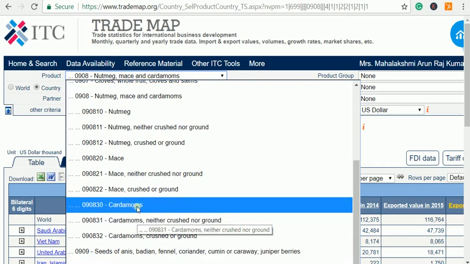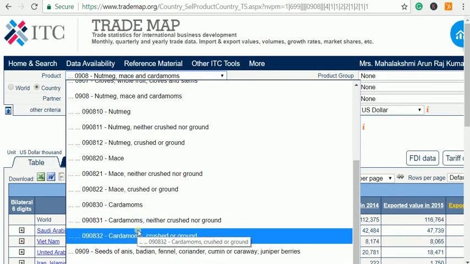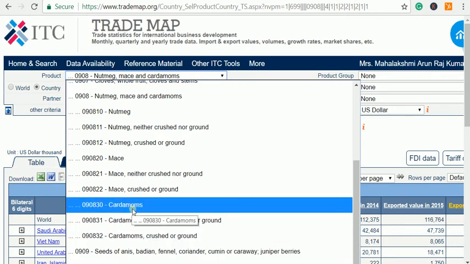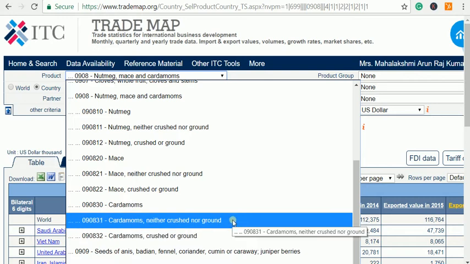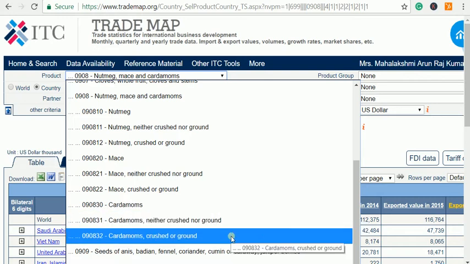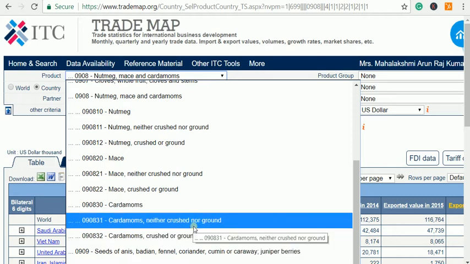See, here you have 3 HS codes: cardamom, cardamom neither crushed nor ground, and cardamom crushed or ground. Okay, so for example, here we can choose cardamoms neither crushed nor ground.